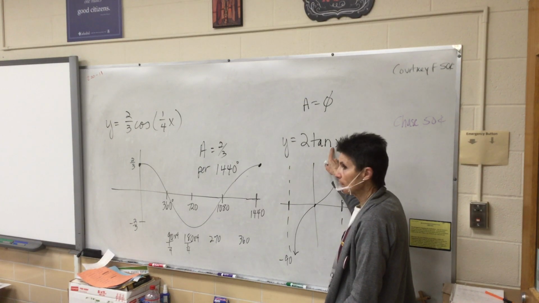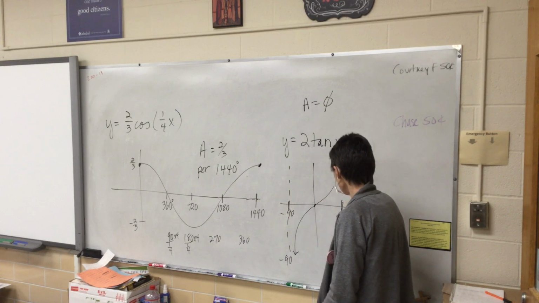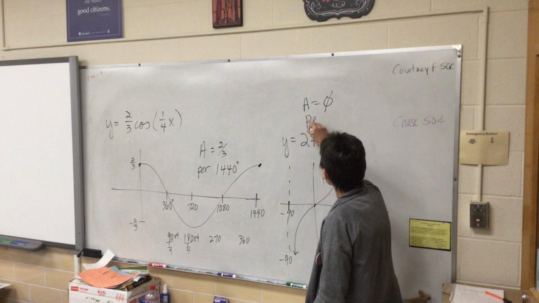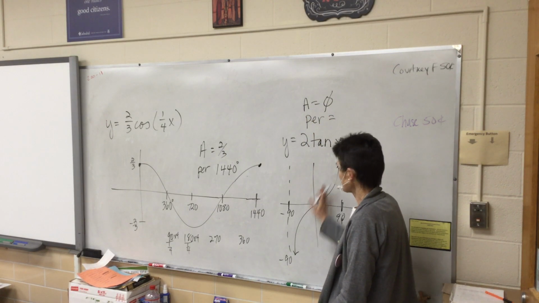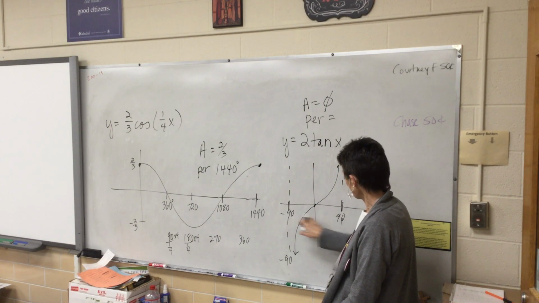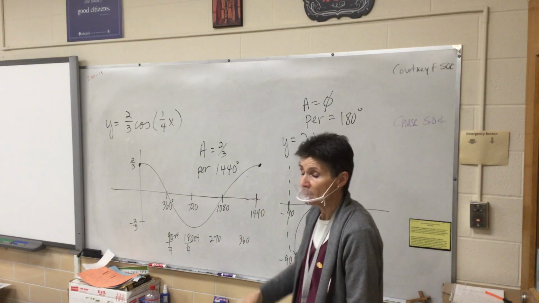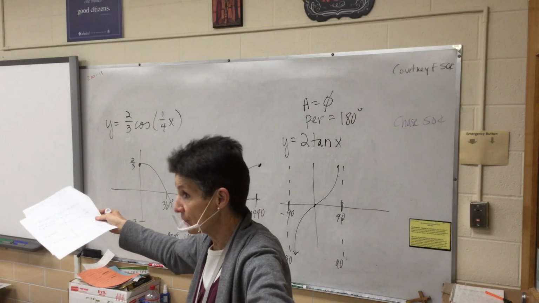Look, is there a number in there to change it? No, so it's going to say negative 90 and 90. So what does the 2 do? It changes the curvature, but we don't worry about it. It makes it a little steeper curve. The period is how far it is from start to finish, so that would be 180 degrees, because from negative 90 to positive 90 is 180, right?